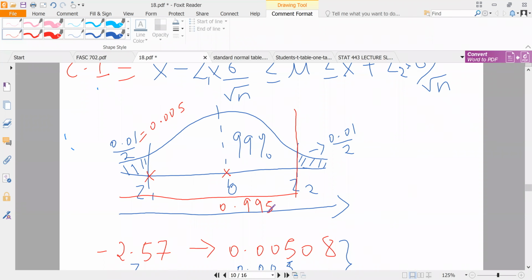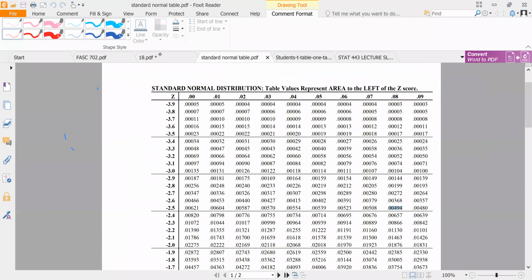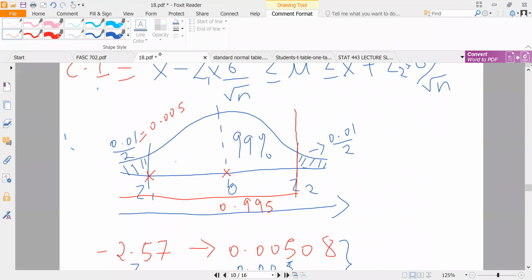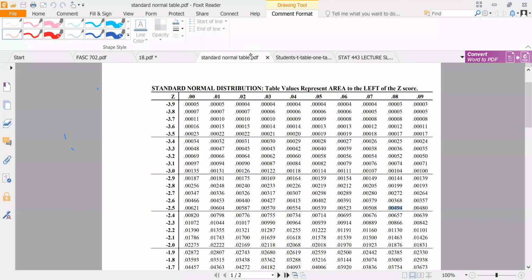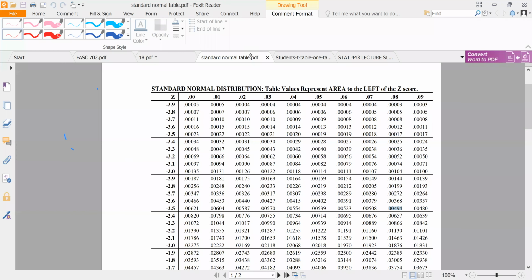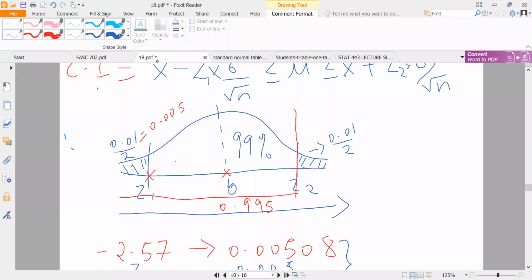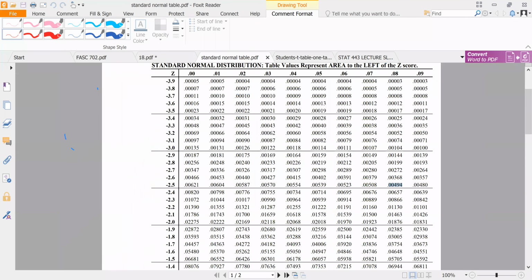That is 0.99 that is in here plus 0.005. And if we come to this table, to identify Z2 you look for the accumulated probability of 0.995. Because 0.995 is on the upper tail, we go to the positive values of Z.